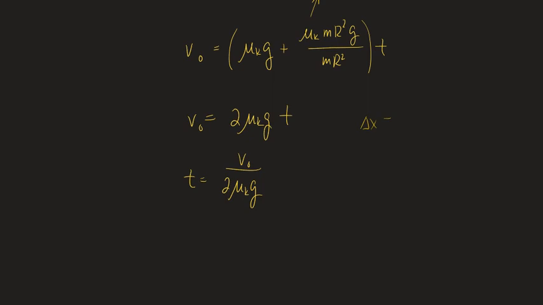No, I don't want that one because I don't know what the final velocity is. So I think I'm stuck with 1/2 a t squared plus v naught times t. I think I'm stuck with that. Right? Because I don't know what the final velocity is.